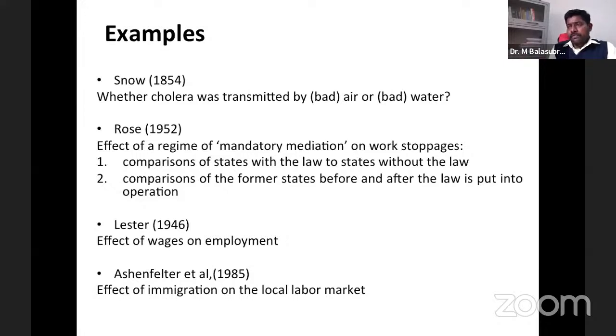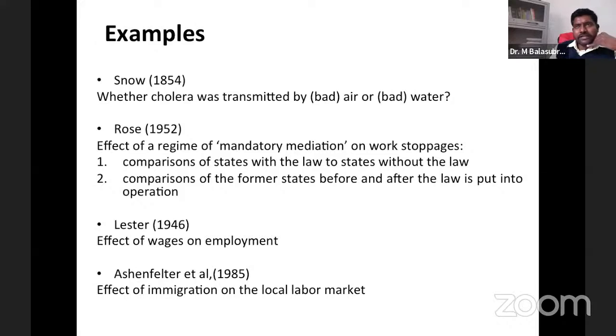He assessed how it influences the migration of labor through his studies. Then Rose studied the effect of mandatory mediation on work stoppages, comparing the status with the law and without the law, that is, before the law intervention and then after.